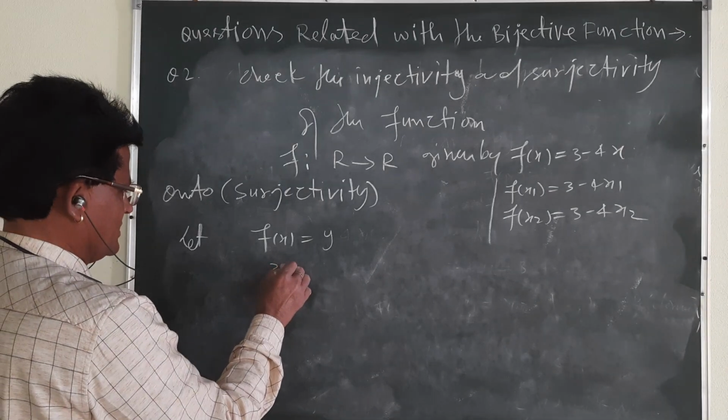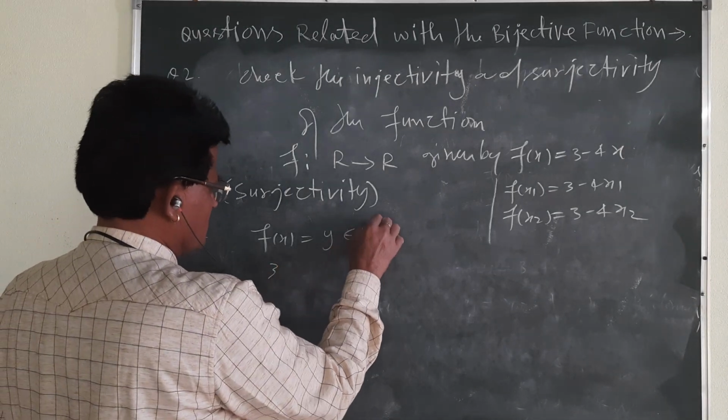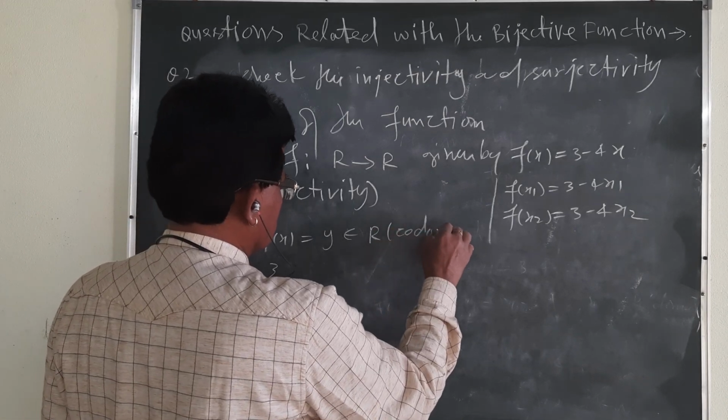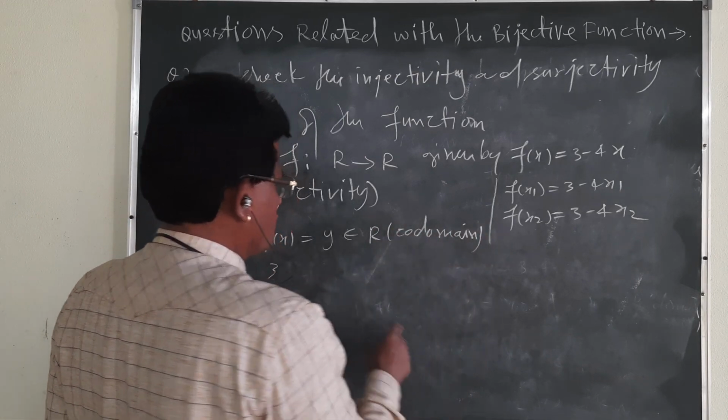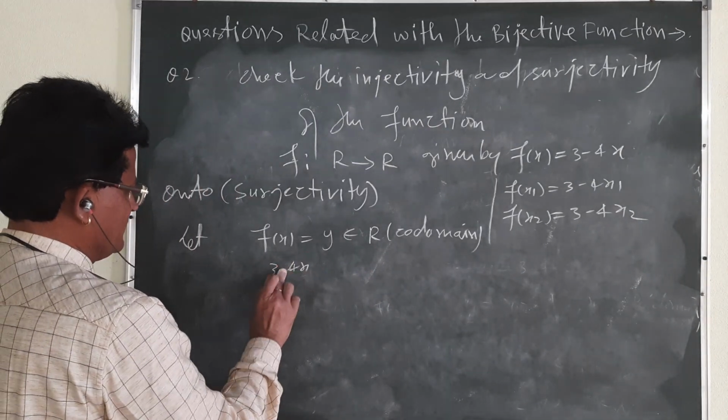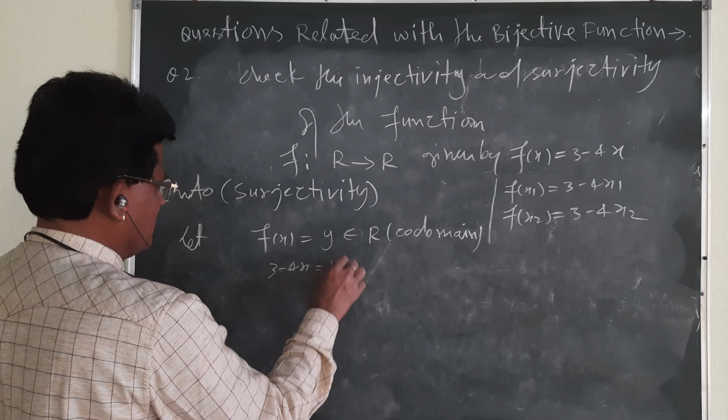y belongs to R. R what? Codomain. But 3 minus 4x, put its value, which is given over here, is equal to y.